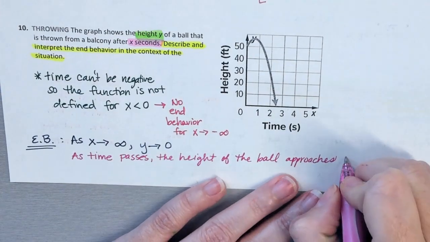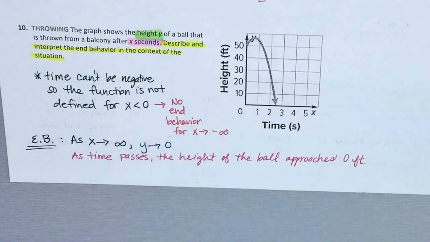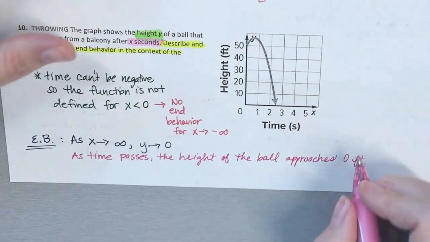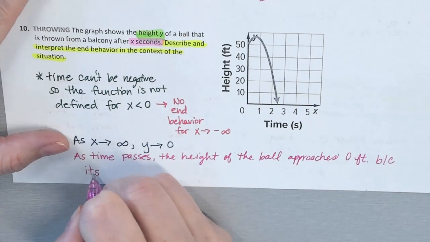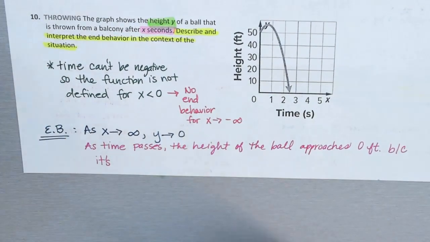We're just going to put units with it and describe why. So the height of the ball approaches 0 feet because what's actually happening? Where's it going? What's happening? What's it doing? Yeah, it's just falling to the ground.